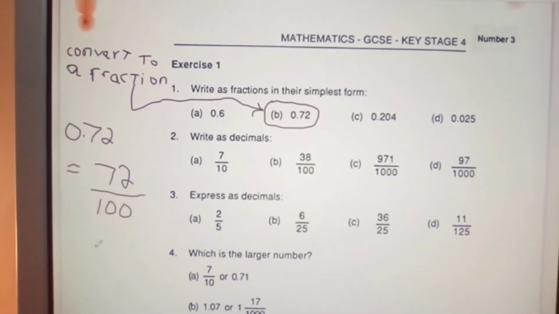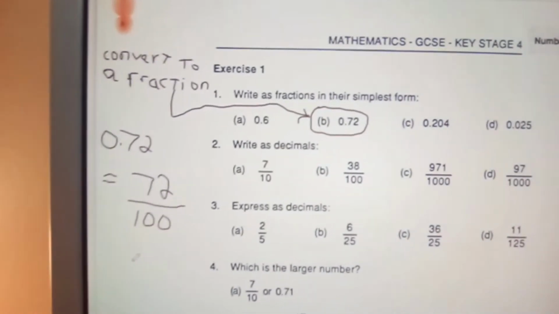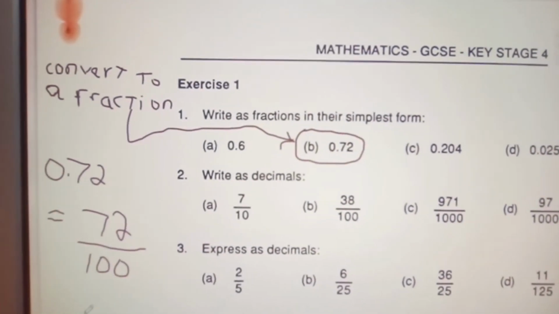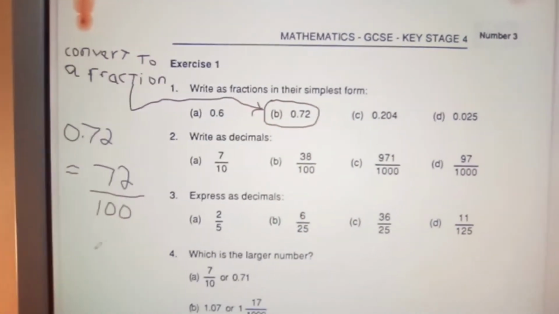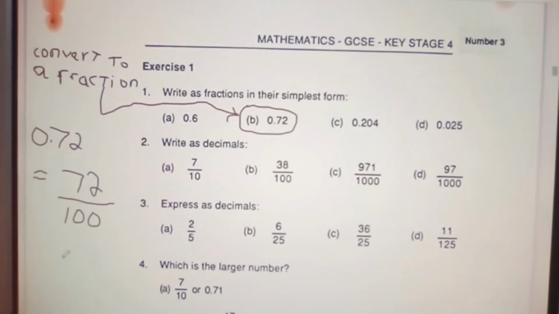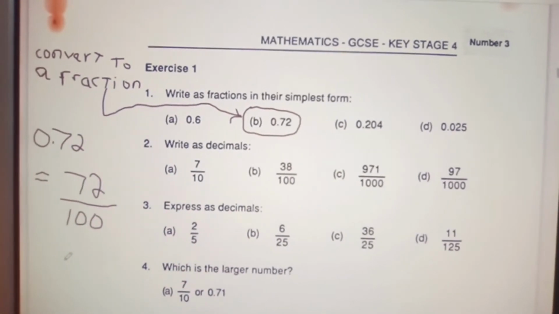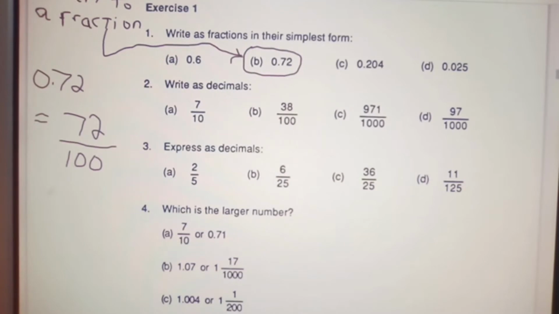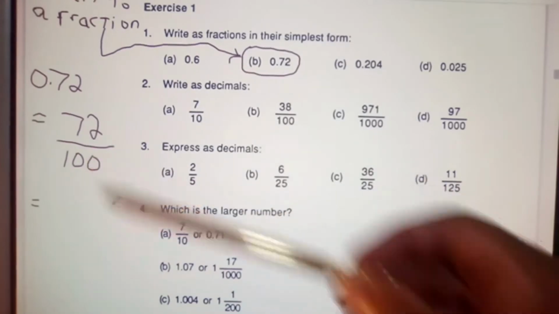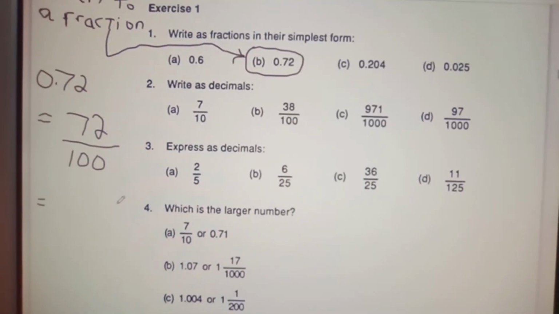Now, the next thing we need to do is to determine, can we reduce this, can we simplify this number any further?